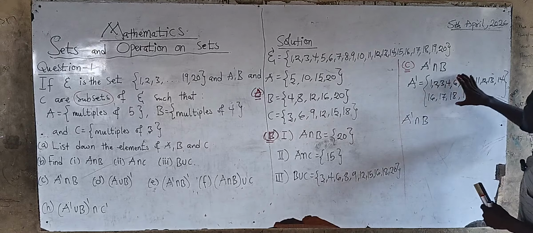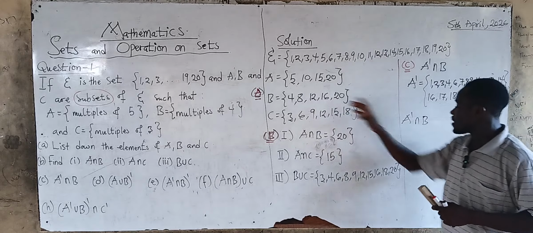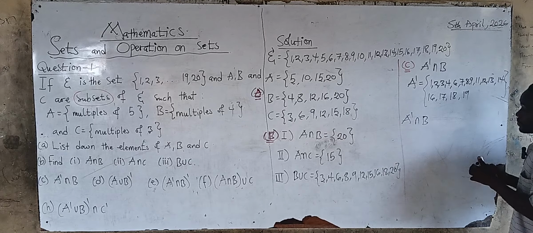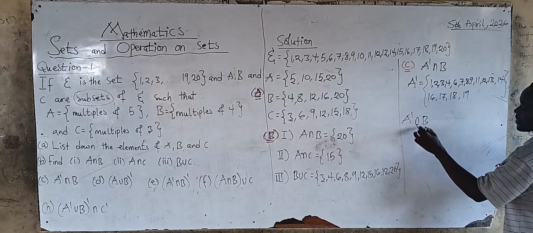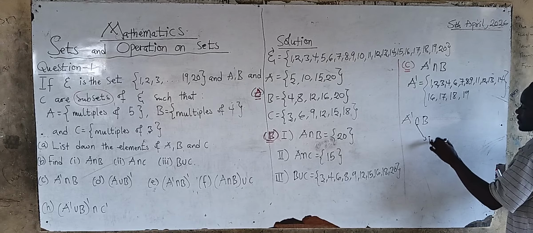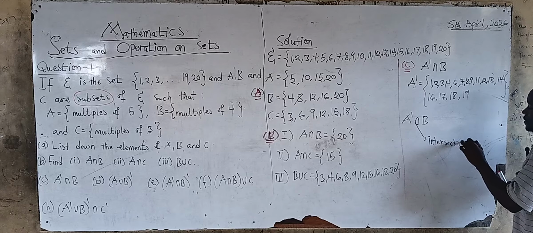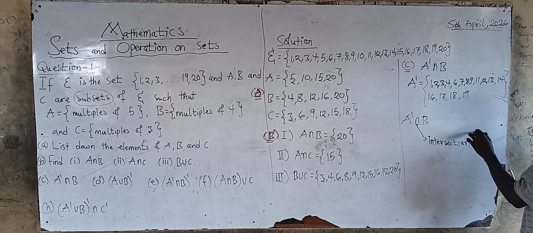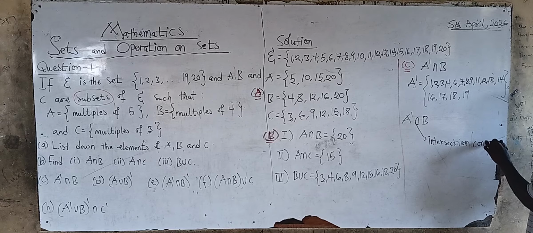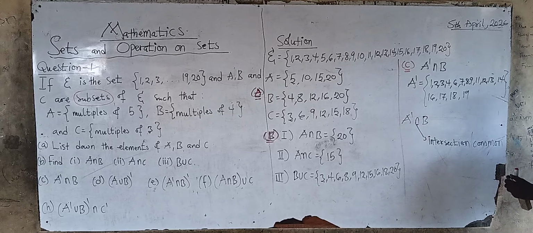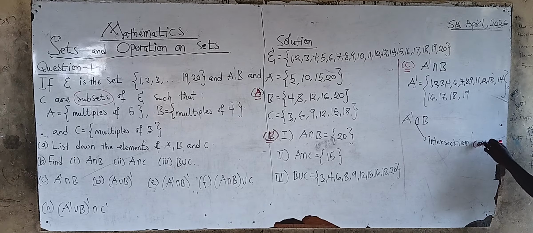Remember, this symbol here means intersection, or something that they have in common. Mathematically, this is what it means. What they have in common is what we are talking about here. I believe you are clear with that.